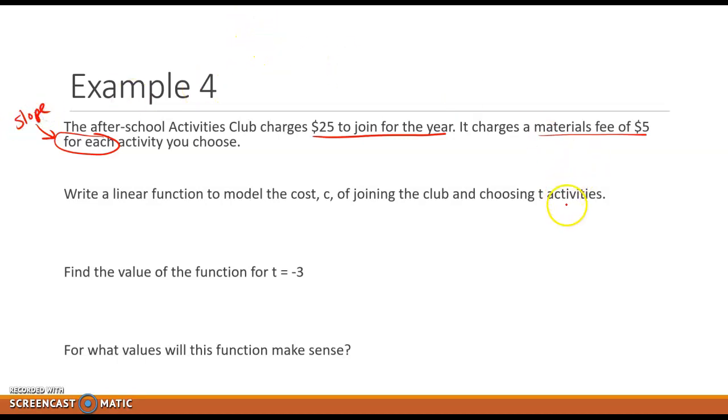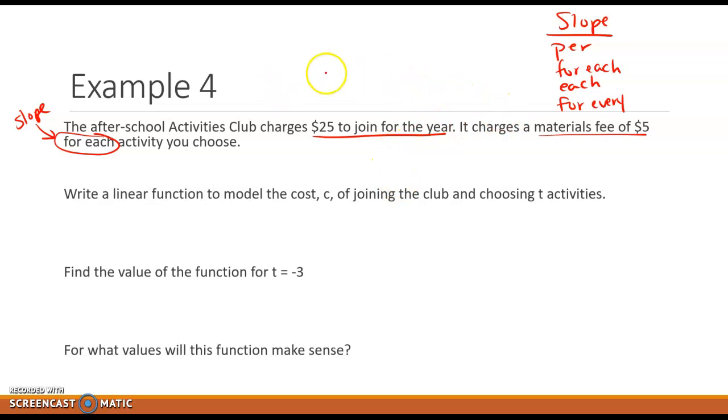And then when it comes to keywords for slope, we're looking for words like per, for each, or just each. Could be for every, but it's those where it's talking about something happening often, right?